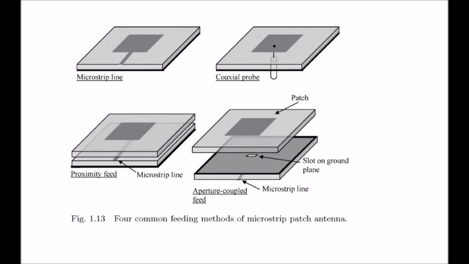Four common feeding methods of microstrip patch antenna: microstrip line, coaxial probe, proximity feed, aperture-coupled feed. Some of the energy leaks out of the cavity and radiates into space, resulting in an antenna.